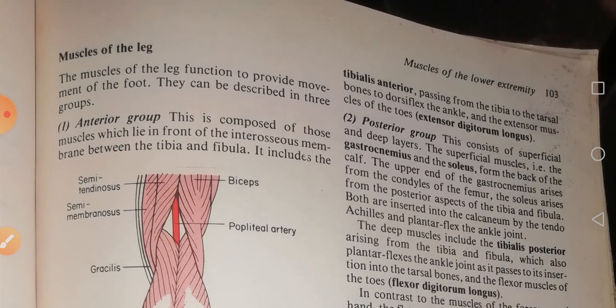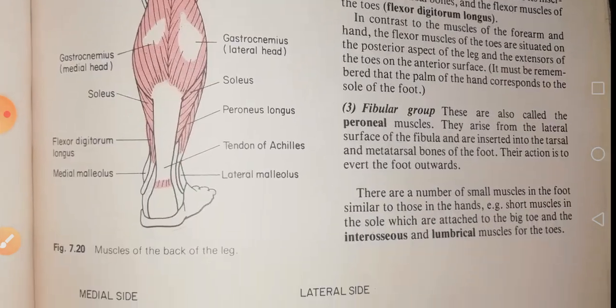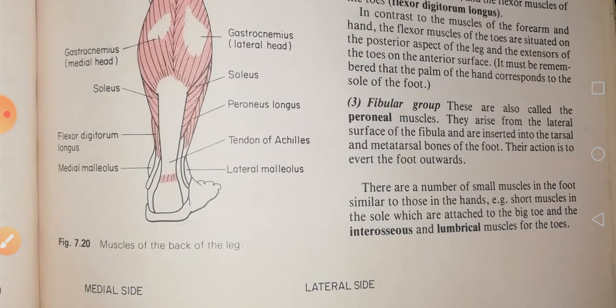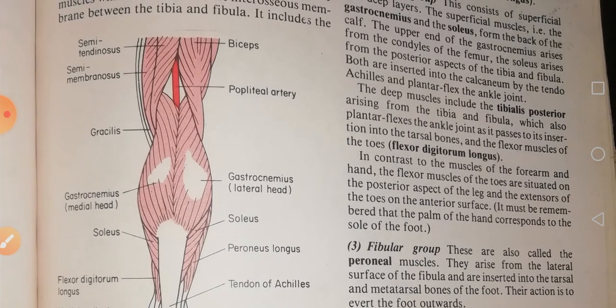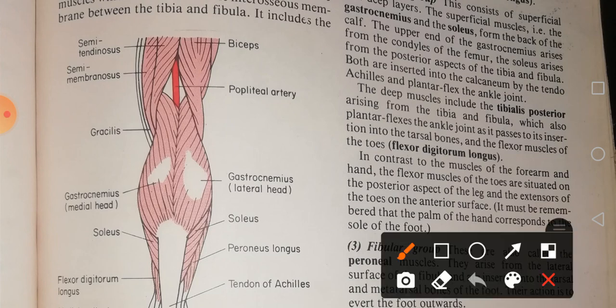Muscles of the anterior group. Back of the thigh: biceps femoris, semitendinosus, semimembranosus, and the popliteal artery will be there.